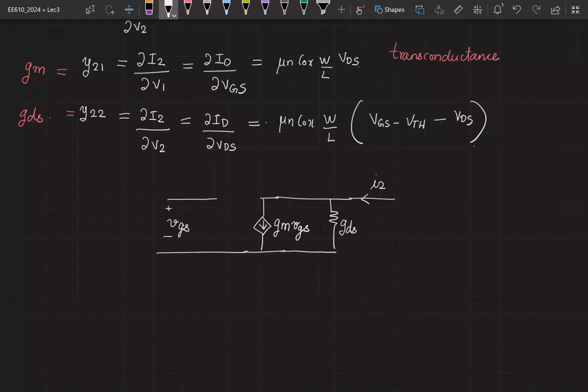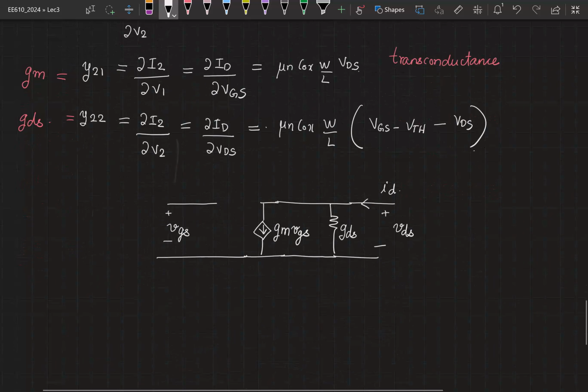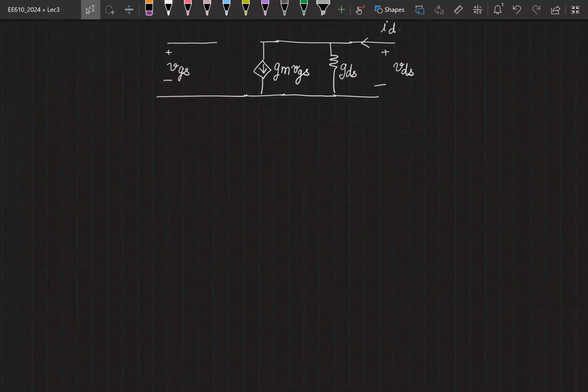This is your I2 and this is VDS. So this is small signal ID, where the value of GM and GDS are given above. So let's repeat this exercise for a transistor in saturation.